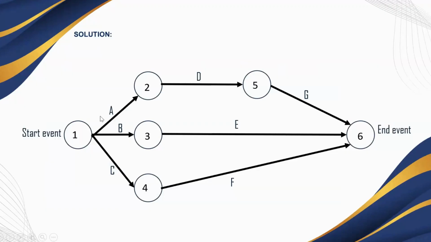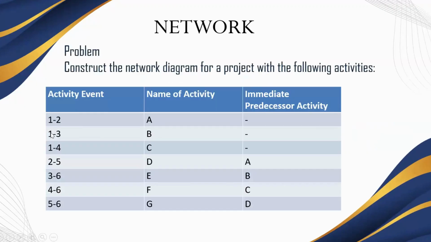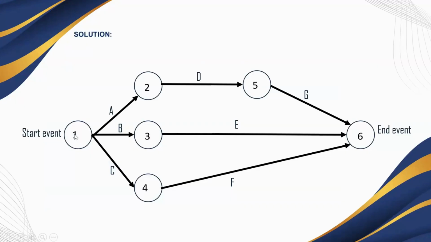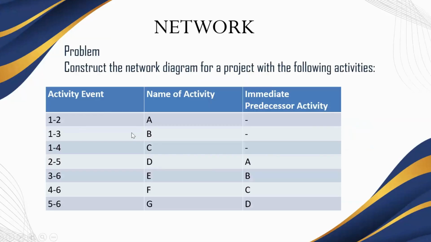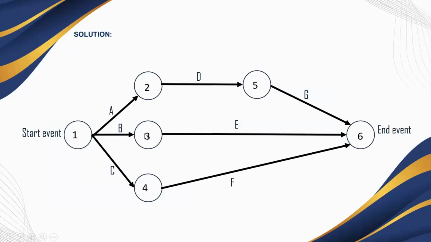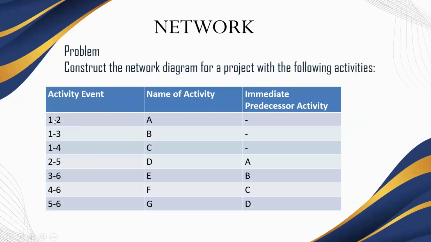And for the next task, it is the same as 1 and 3. So we will do the same, we will put 1 as the common and make the second one B with the 3, as it shows. And for the same, 1 was common for the 3 activities and 4 was from that one.